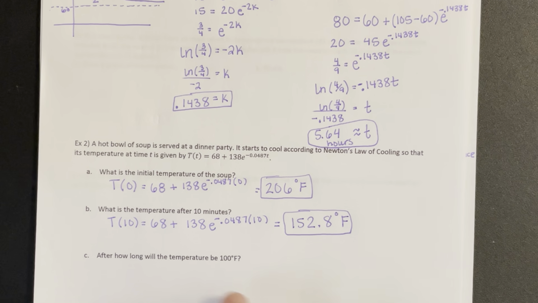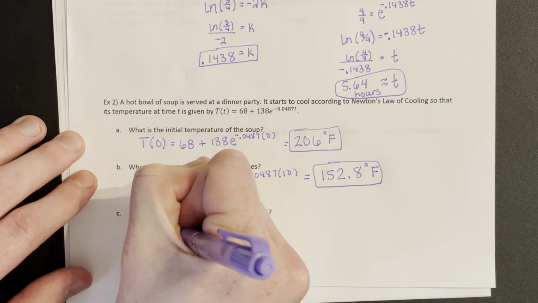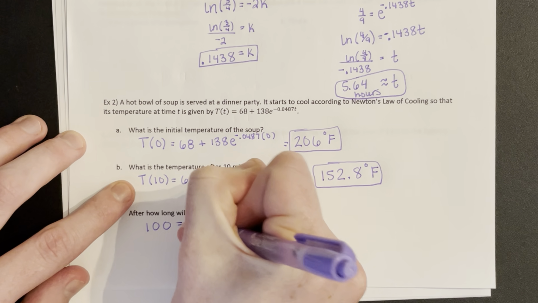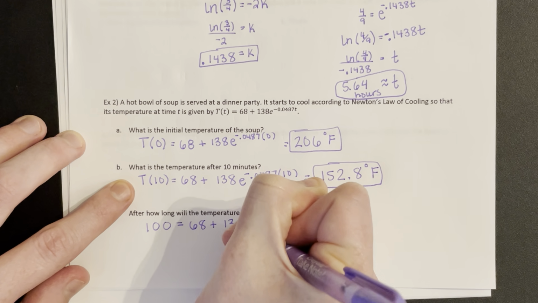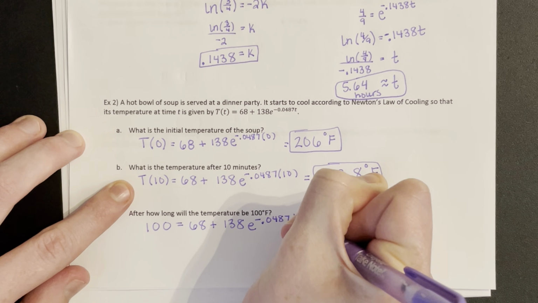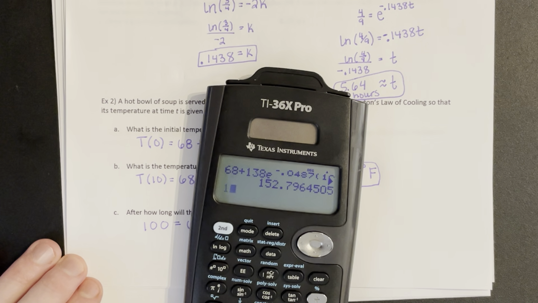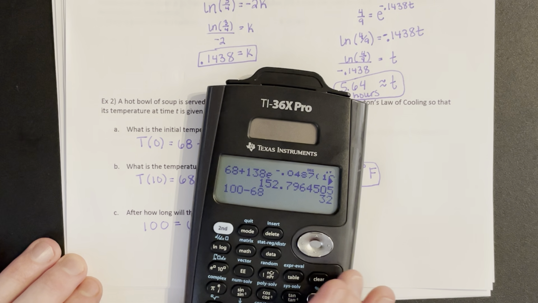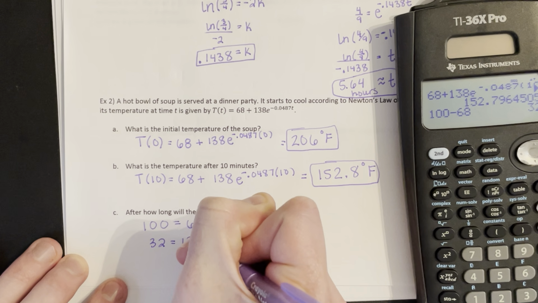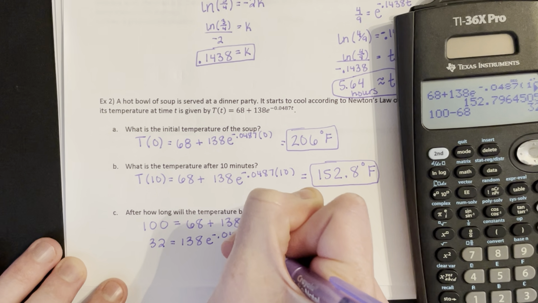And then after how long will it be 100 degrees? So this time we're solving for t. I can plug 100 in for our temperature. 100 equals 68 plus 138 e to the negative 0.0487 t. I subtract 68, so 100 minus 68 gives me 32 equals 138 e to the negative 0.0487 t.